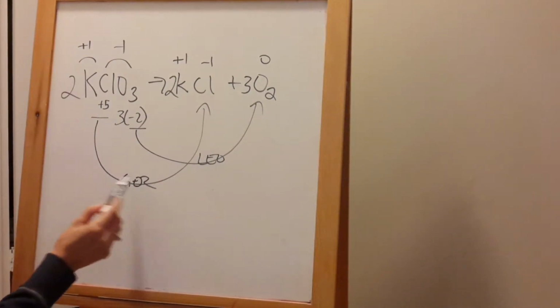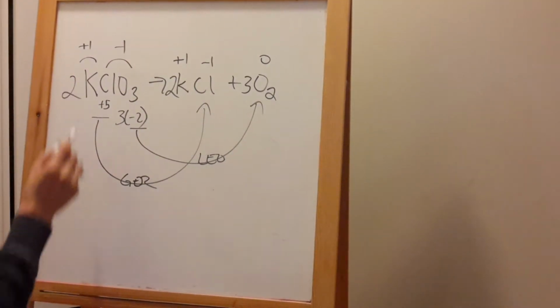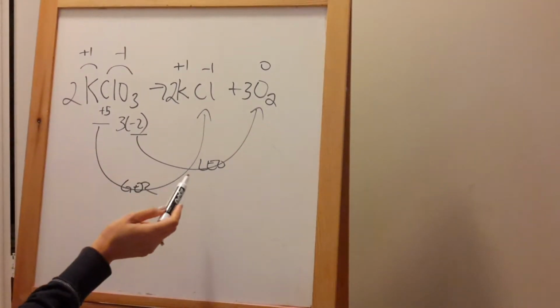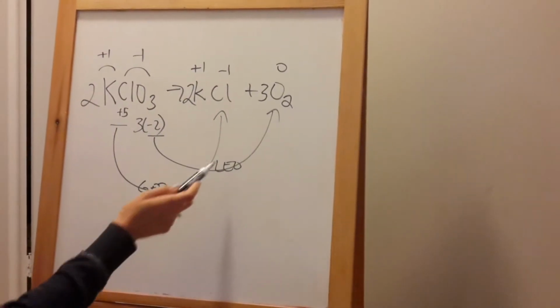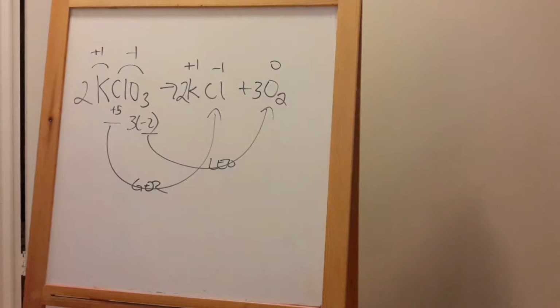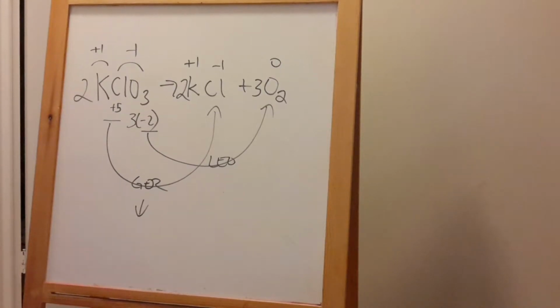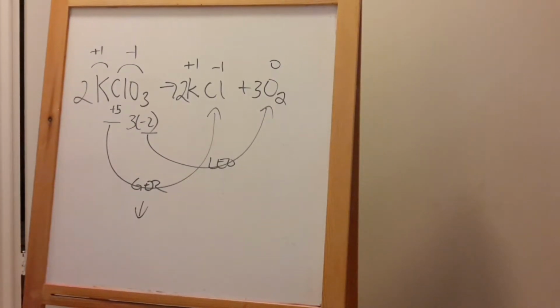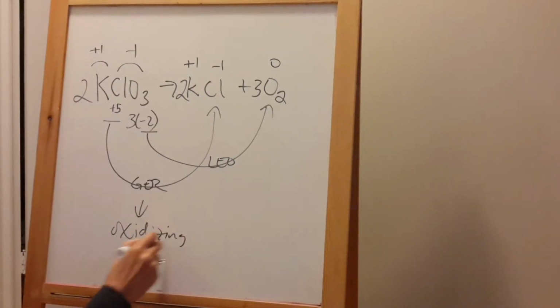So the substance that's reduced ends up gaining electrons. In gaining, it has to acquire those electrons from another substance. So it's forcing the other substance to lose its electrons so that it's able to gain them. The substance that is reduced is always the oxidizing agent, because it causes oxidation.